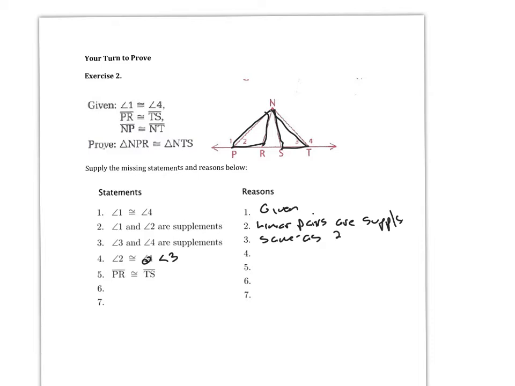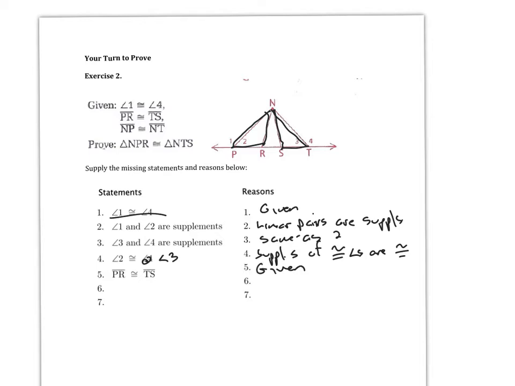Okay, so then angle 2 is congruent to angle 3 because supplements of congruent angles are congruent. And so because we have that 2 and 3 are supplements of 1 and 4, which we already know to be congruent, we can say that 2 and 3 are congruent. Okay, we have PR is congruent to TS, and that's a given.